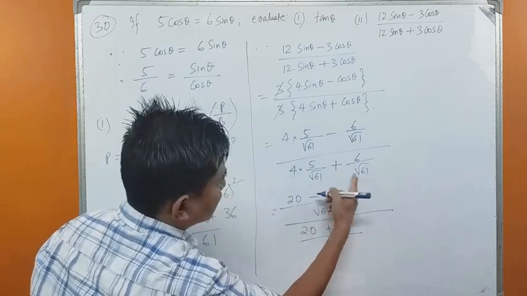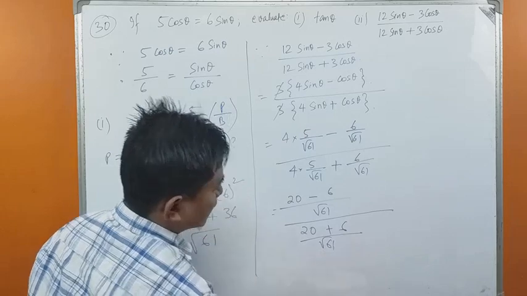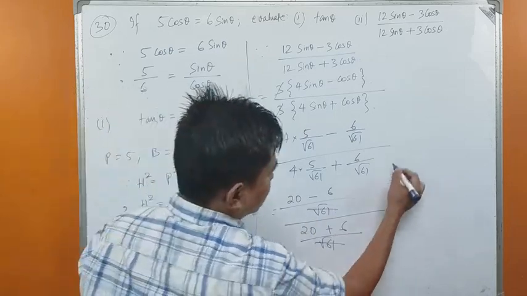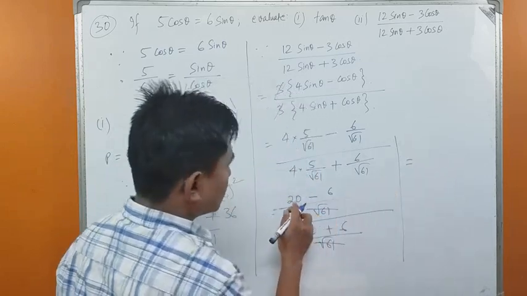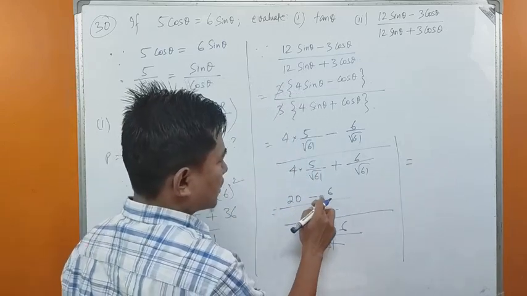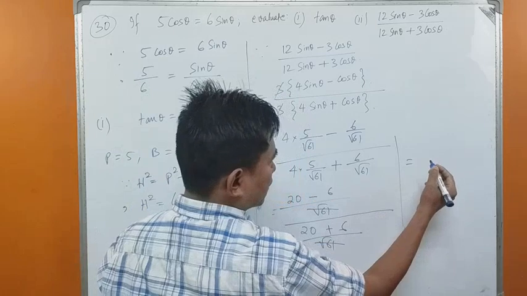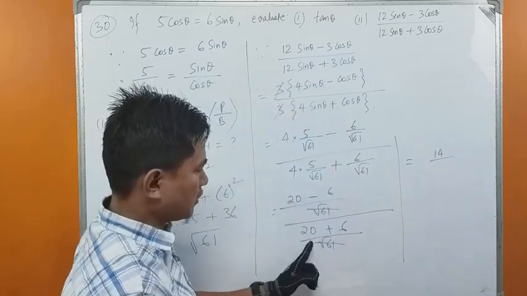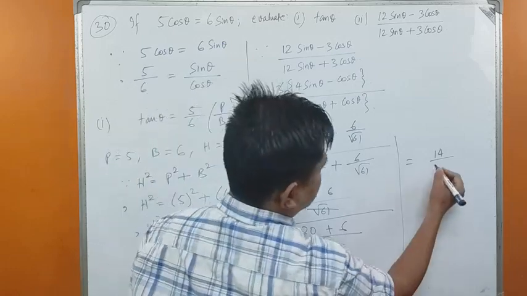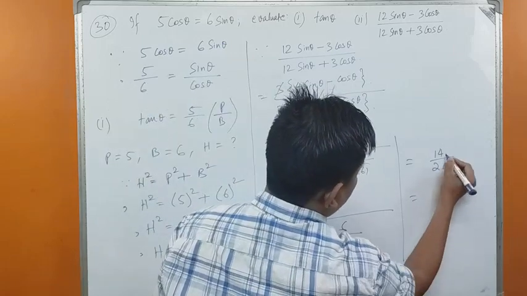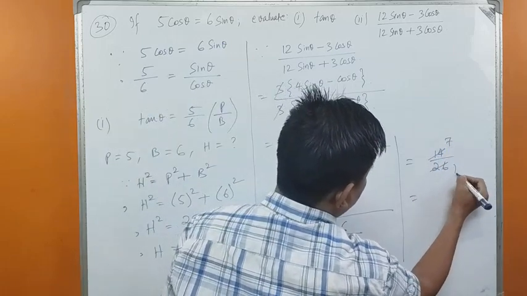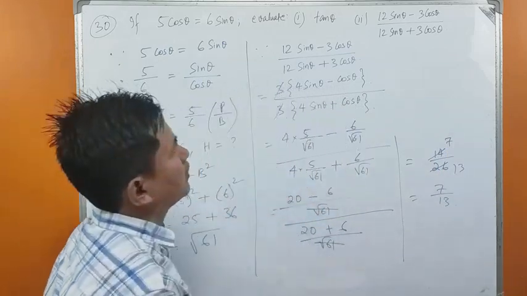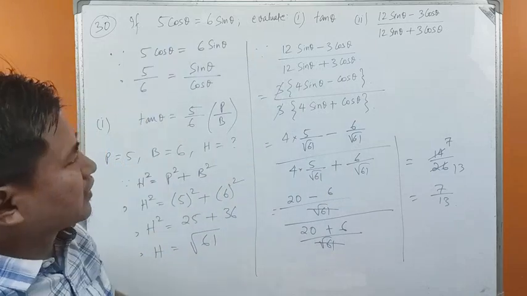In the denominator, root 61 is the LCM. Now this root 61 cancels out. So this will give us 20 minus 6, which is 14. 20 plus 6 is 26. Now 2 7s are 14. 2 1s are 2, 2 3s are 6. 7 upon 13. So this is the answer for question number 2 of 30.